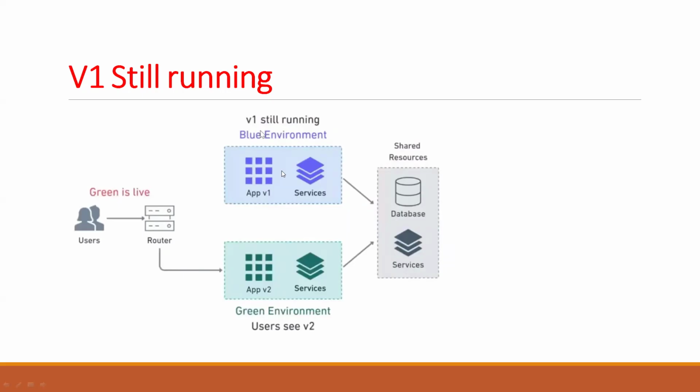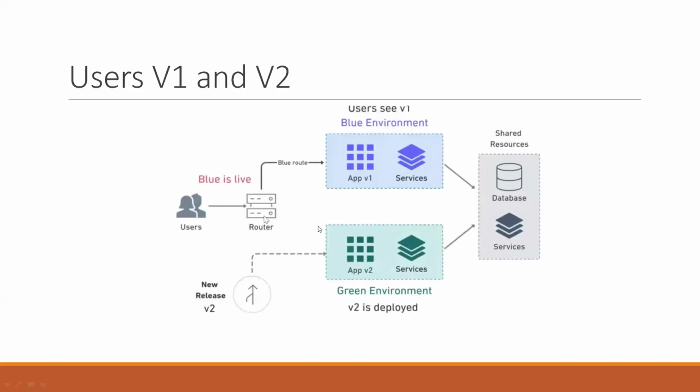WhatsApp contains only chat and contacts, but developers created another feature called status. The status is deployed in the green environment, but the end users are not using this. Still the end users are using the blue environment, right?